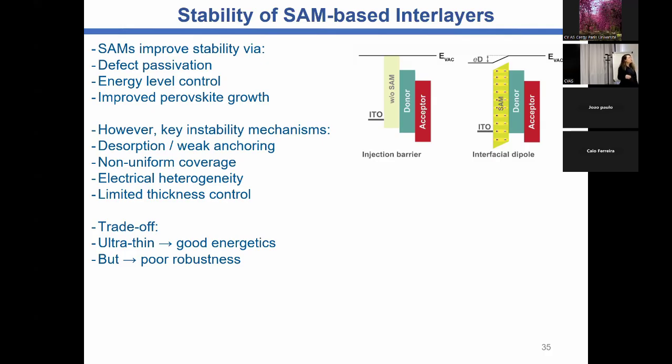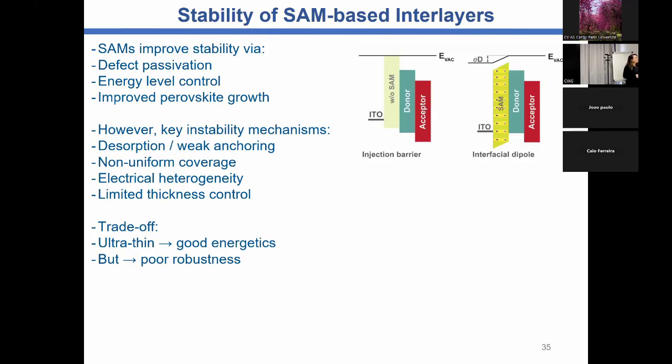You can control the energy level of your surface because of the dipole formation. The dipole formation will be triggered with different morphology. So self-assembled monolayers are quite nice because of this energy level control that they can induce.